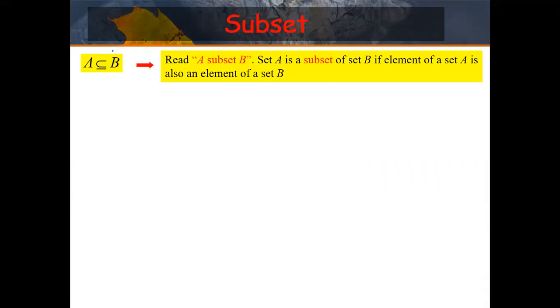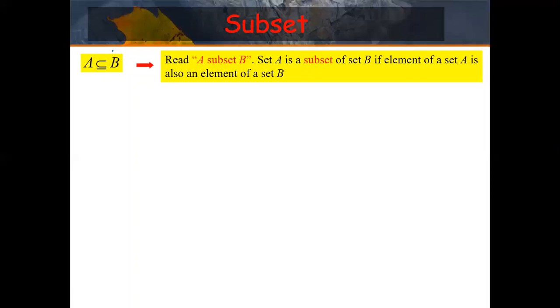A subset B. What is a subset? Set A is a subset of set B if elements of set A are also elements of set B. Again, subset is if the elements of set A are also elements of set B. It must be all.